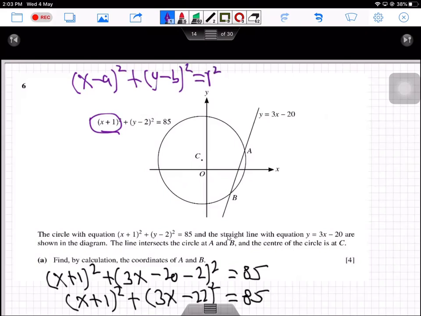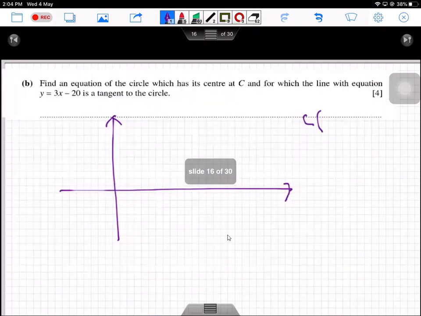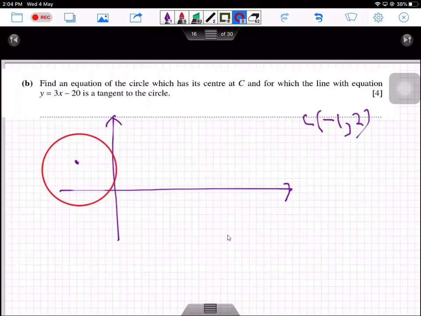So this x plus 1 will come if we write it like this, x minus minus 1. So x minus minus 1 whole squared plus y minus 2 whole squared equals 85. So minus 1 comma 2 is actually the coordinate of C. Okay, so we are having a circle with center minus 1 comma 2.